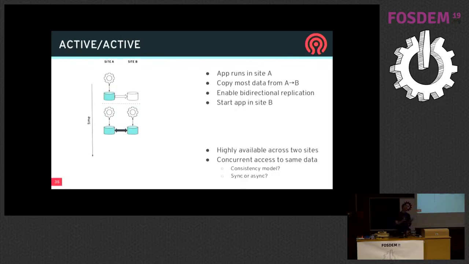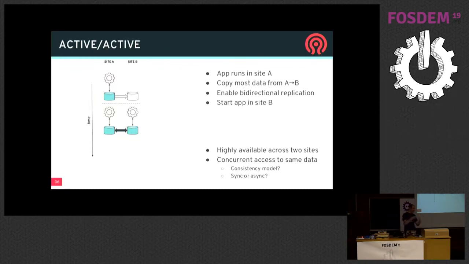And in fact, that's really just a generalization of the case that you can actually do this active replication in general, right? That's the key hard piece of this process. And if you can do that, you can have highly available access to your data in both sites, and it's awesome. But it brings up key questions, right? Can your application tolerate concurrent access to the same data?